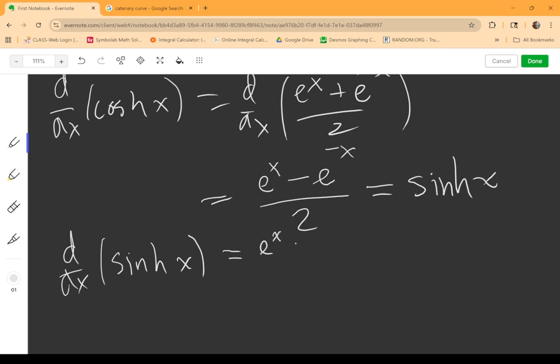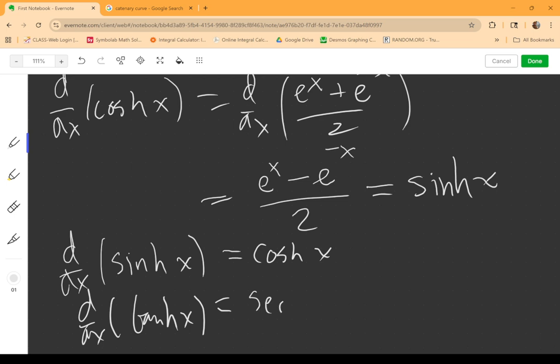The derivative of sinh of x is going to be cosh of x, and the derivative of hyperbolic tangent of x is going to be hyperbolic secant squared of x.